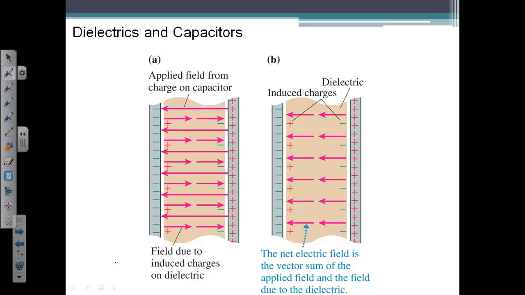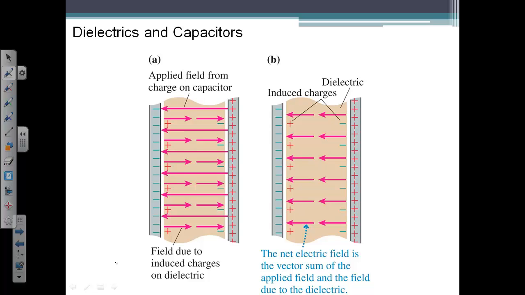This creates an induced electric field inside the dielectric, which partially cancels the electric field. This partial cancellation of the electric field allows you to more easily store more charge for the same delta V. Well, if you're storing more charge for the same delta V across the two plates, you've got more capacitance.